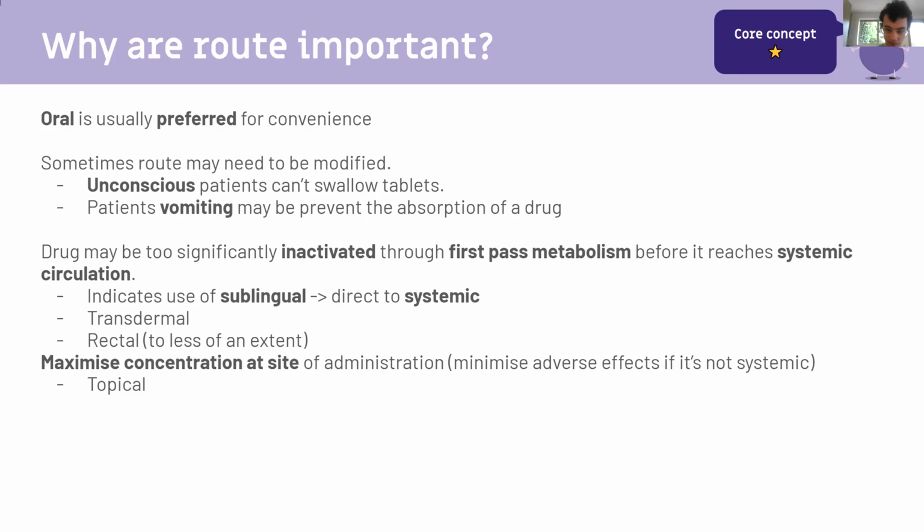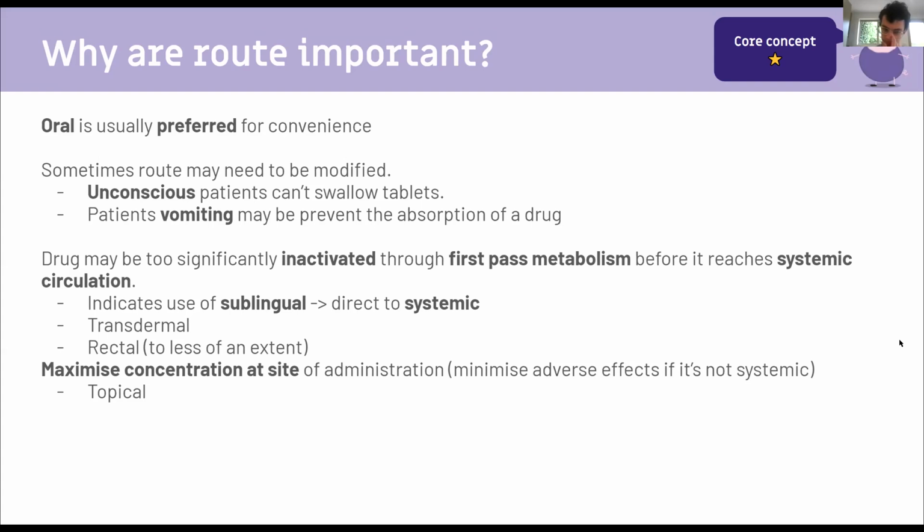Just rub it in. That way, it also minimizes adverse effects, because often adverse effects happen when drugs have sensitivity for other receptors around the body that aren't the target for what is injured. And so if you don't give it systemically, it's going to minimize adverse effects. But if you have a systemic problem, then you're going to need to do it systemically. Next slide, please.